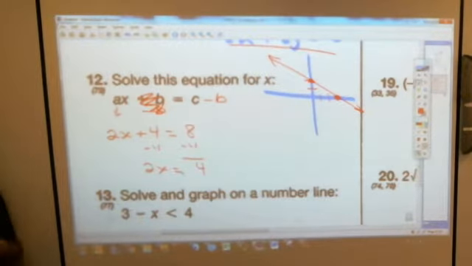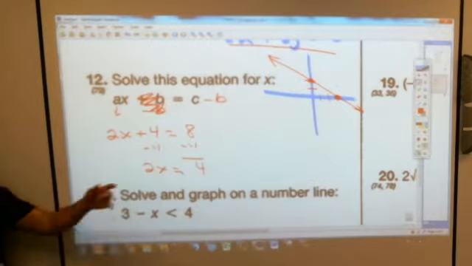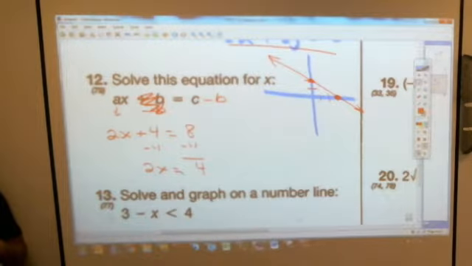If I'm solving 2x equals 4 for x, what would I do? How do I get x by itself? There's a 2 next to it. It is 2 times x equals 4. You would do the opposite.